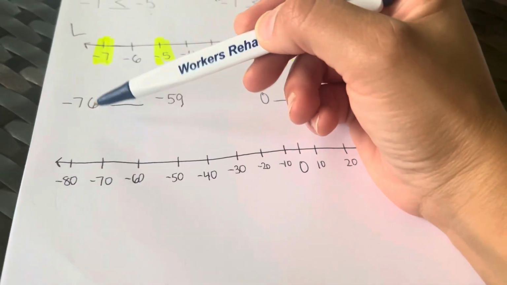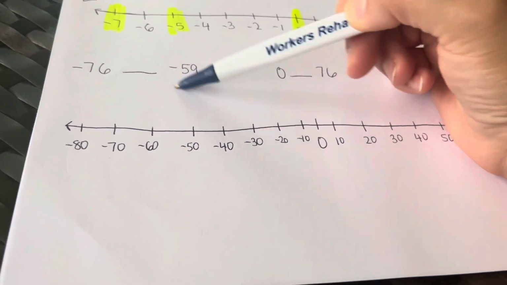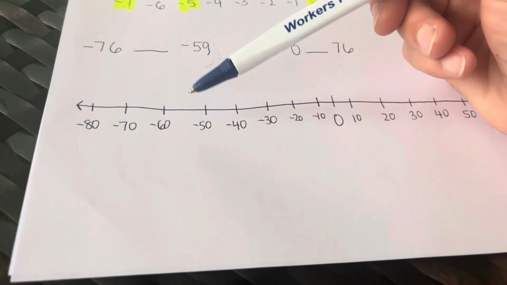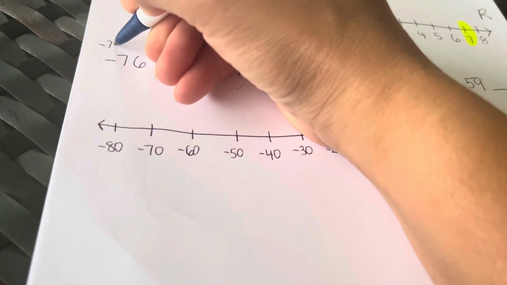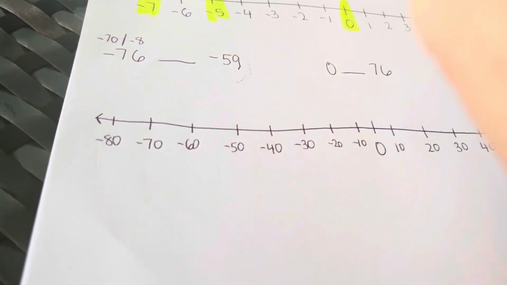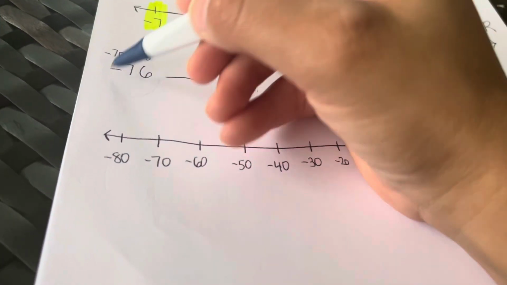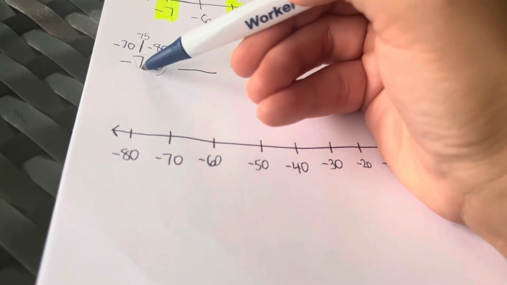If we want to compare -76 and -59, we don't have those numbers exactly on our number line, but I know that -76 would be between -70 and -80. I also know that 75 would be halfway between, and that's 1 greater.